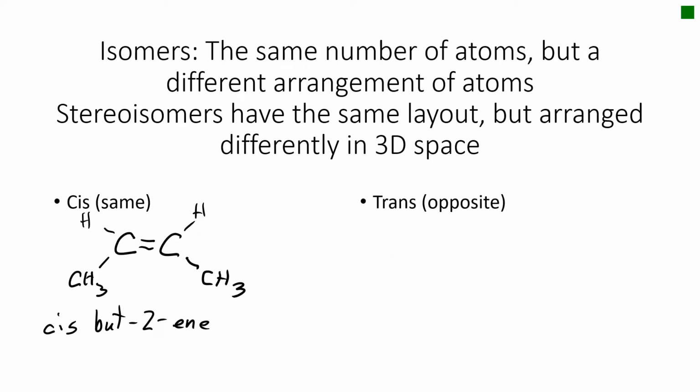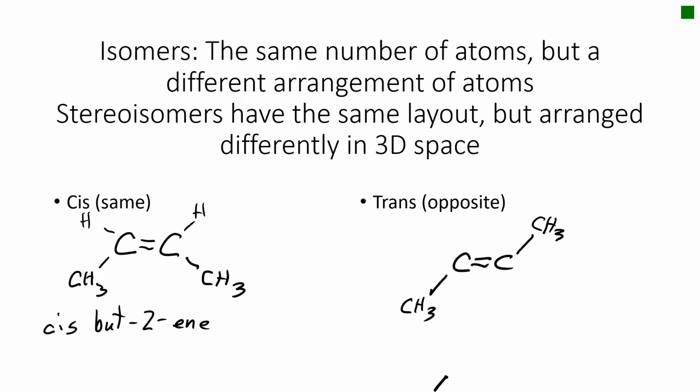In contrast, we have trans. Trans means that they are on opposite sides. So you still start with the same double bond, and if we're putting a CH3 group going down, now we're going to have a CH3 coming up.